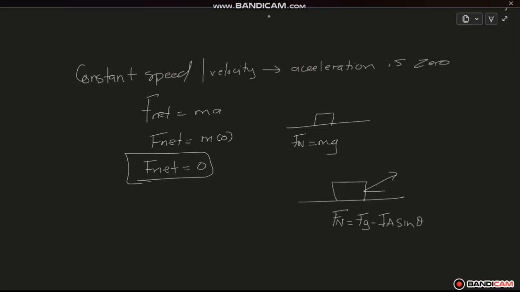But whenever you are given an incline, it has its own formula for calculating Fn. It will be Fg perpendicular, which is mg cos theta. So this is the formula to calculate Fn. You're not using one formula. It depends on the type of scenario that you are given.